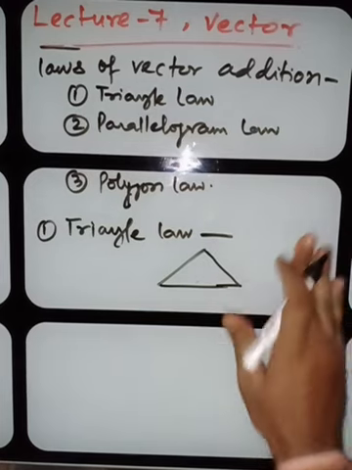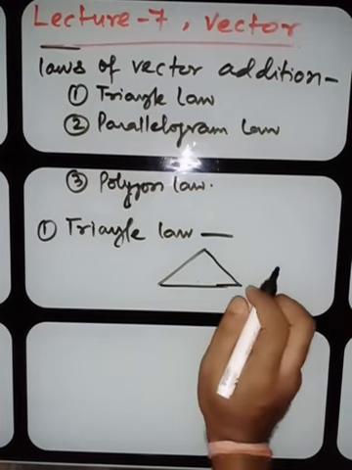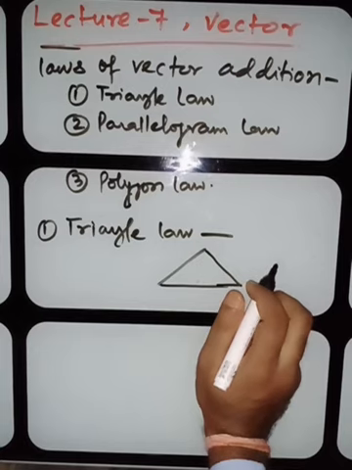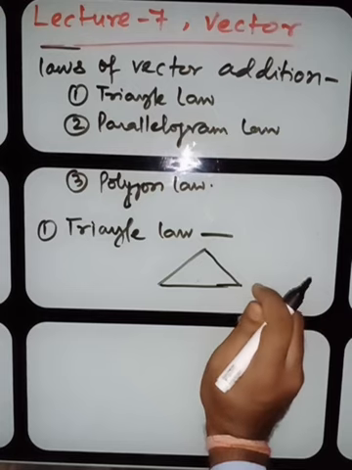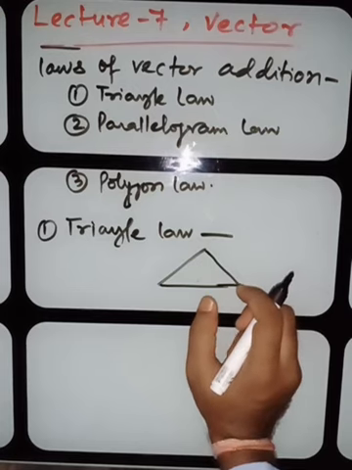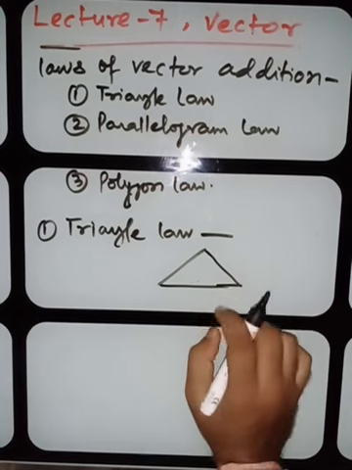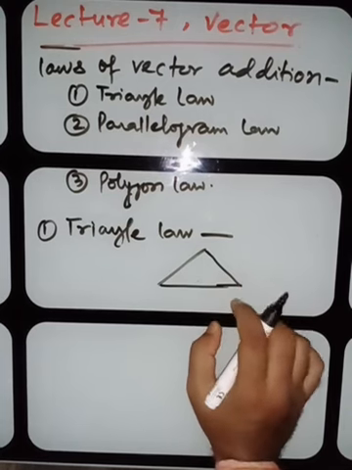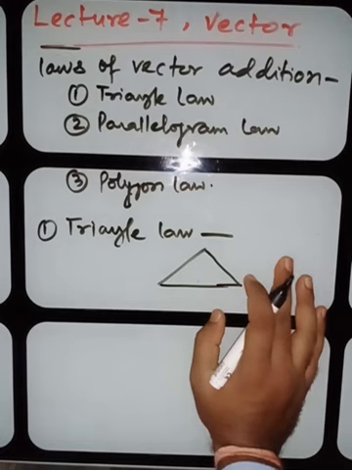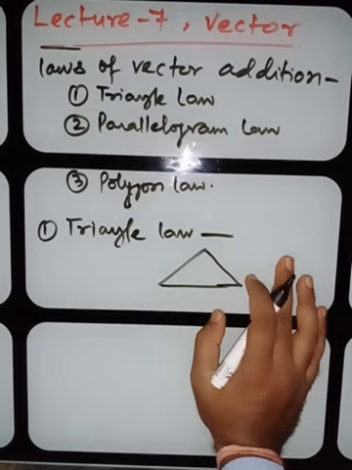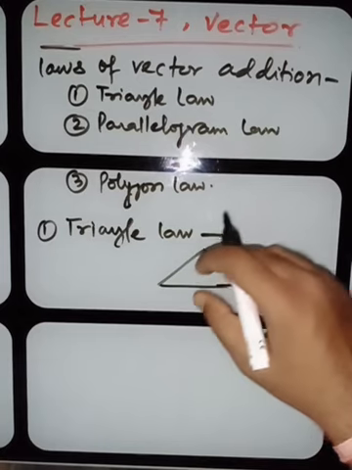So again, if two vectors are represented by two sides of a triangle, then the third side will be the resultant of those two. But there is a rule to represent the two sides, and a particular rule for which will be the resultant. First, write the triangle law. Kindly note it down in your notebook.